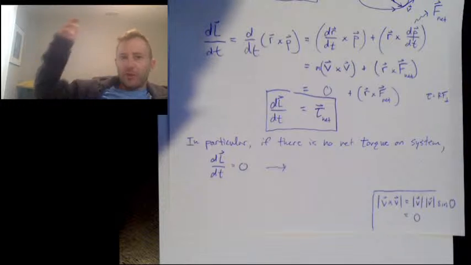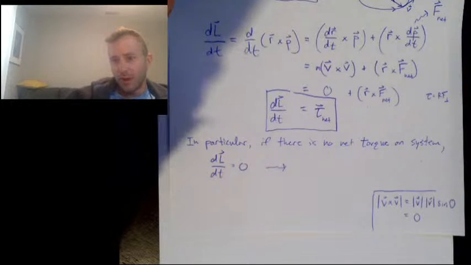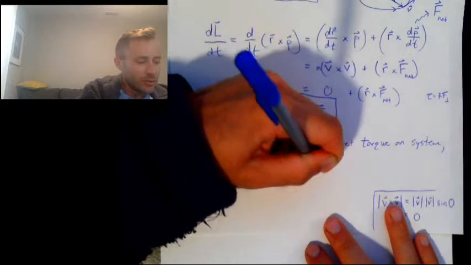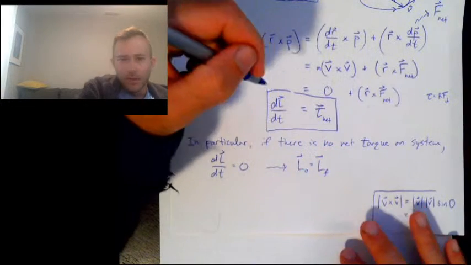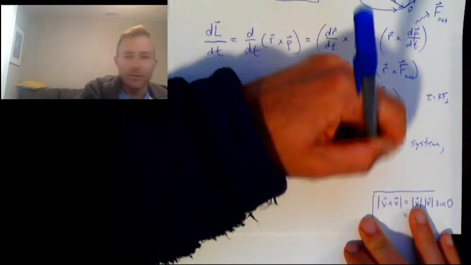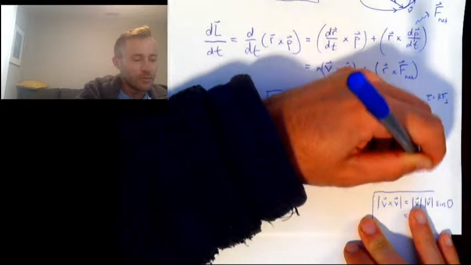We talked about this with energy and momentum. When momentum is constant, what's the physicsy way of saying that? Yeah, it means it's a constant, so L initial equals L final. And the more physicsy way of saying that is that angular momentum is conserved.